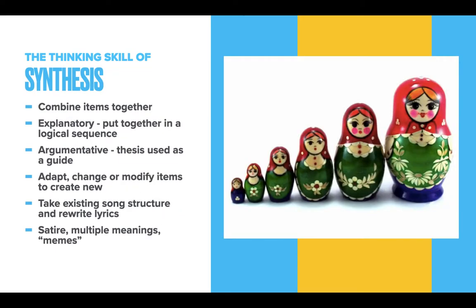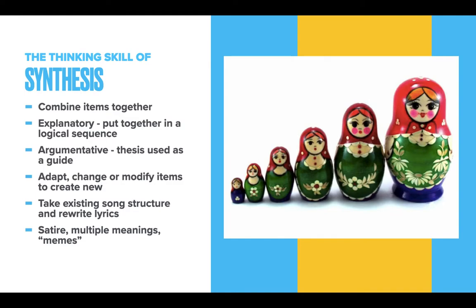Continuing on, we have synthesis. So think about how when you're synthesizing, you're combining things that may or may not typically be combined together to form something new. So within writing, you have explanatory writing and argumentative writing. Both of these are different styles that are trying to make sense of different pieces.